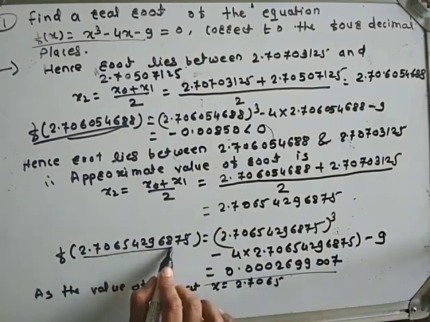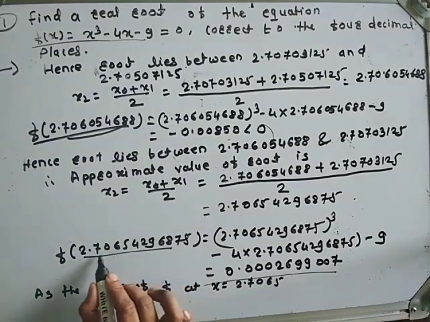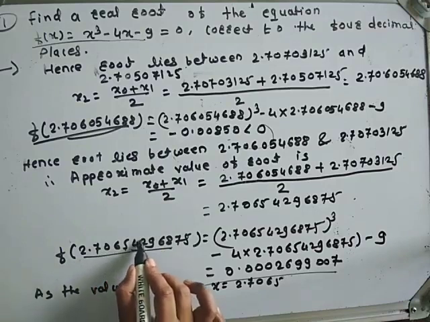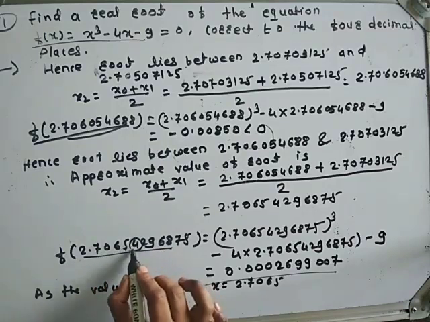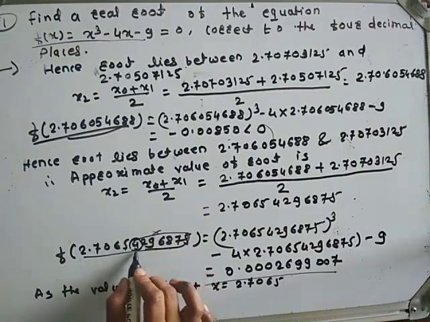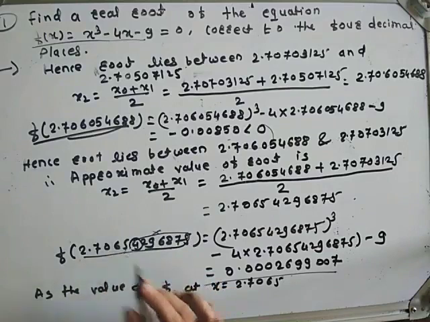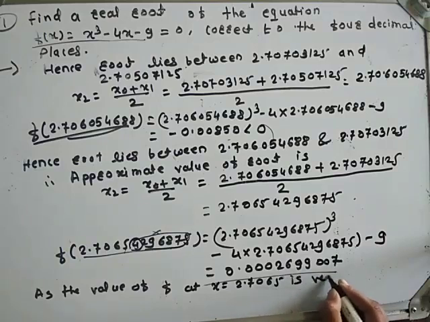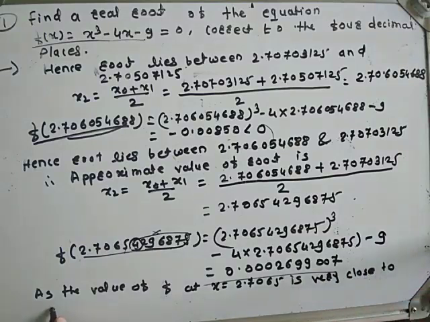If we round off this number to 4 decimal places, that is up to 7065, here we discard all these numbers, and this 4 is less than 5, therefore we leave 5 as it is. The value of f at x is very close to 0, so we stop the iteration.